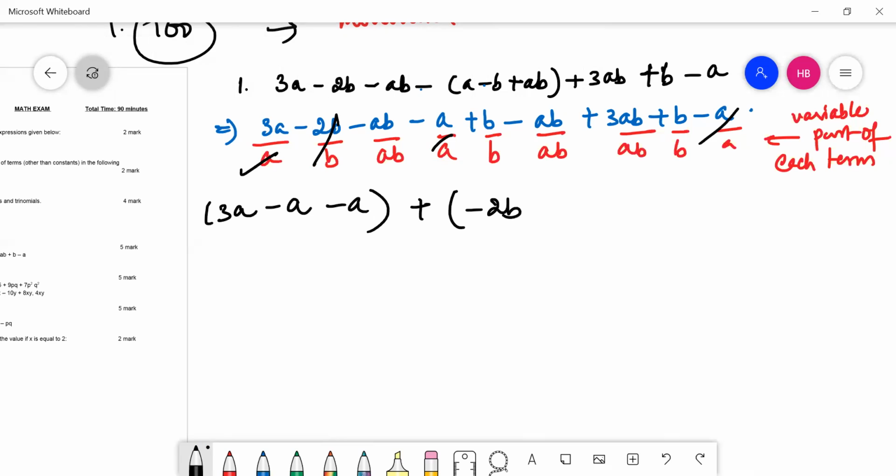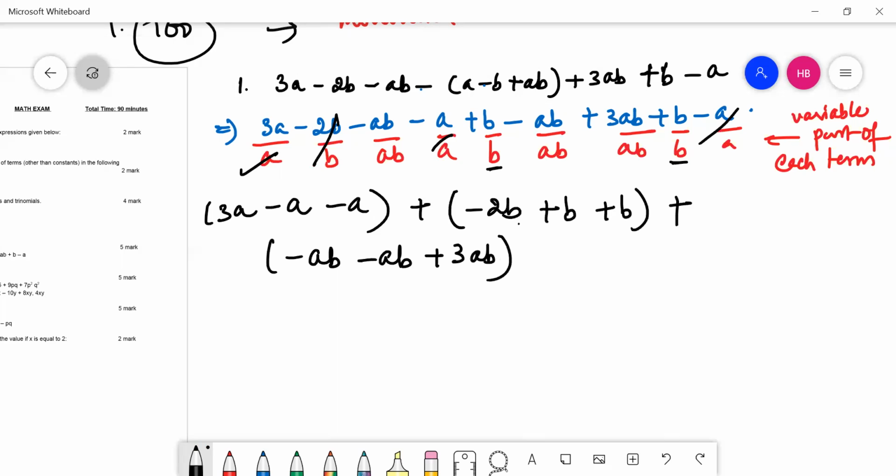Then this is also b term, plus b plus b. And then I'm going to group two ab terms together. So it would be minus ab plus 3ab. Okay. So all the like terms I have grouped together. I'll just remove the cut sign so I don't want you guys to get confused here.